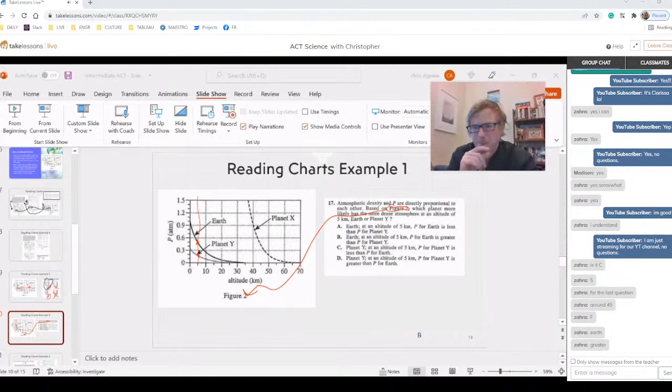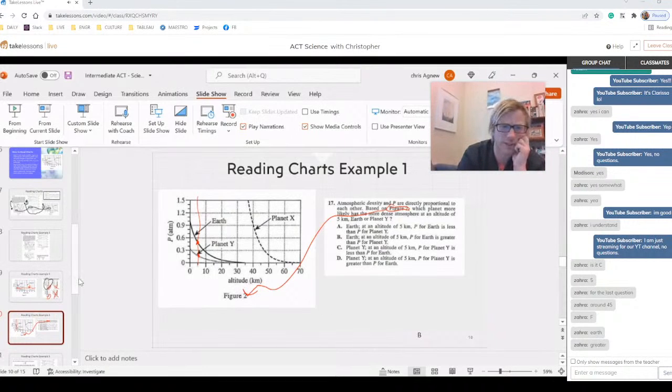Great. Yep. Fairly easy, right? Not too bad. Yeah, totally 100% right. The more the pressure, the more the density. So Earth has a greater pressure. We found the number, and yeah, it's greater.